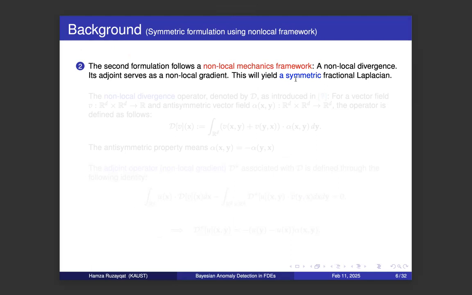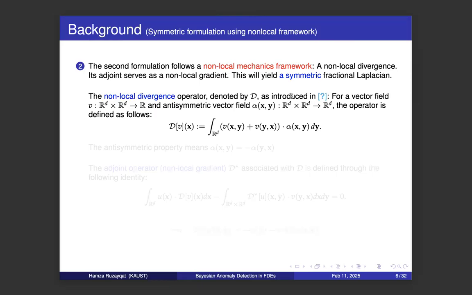So the local divergence now, and its adjoint, serves as a non-local gradient. This will yield a symmetric fractional Laplacian. So we use a non-local divergence, not a regular divergence. The non-local divergence operator, denoted by D, is defined as follows.